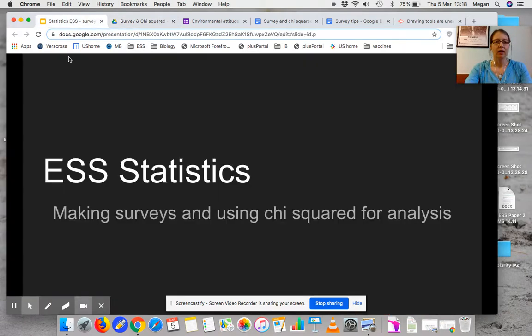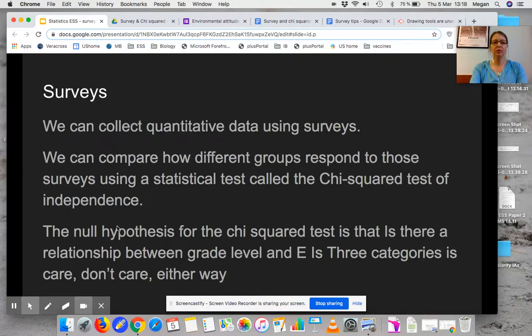Okay, so now, we use surveys in ESS to collect quantitative data. And these surveys could be asking a number of different things. You could be finding out how much people know about the environment, how much they care about the environment, how worried they are about the environment. It could be how many times they eat meat, or a whole bunch of different ways that you can use a survey.